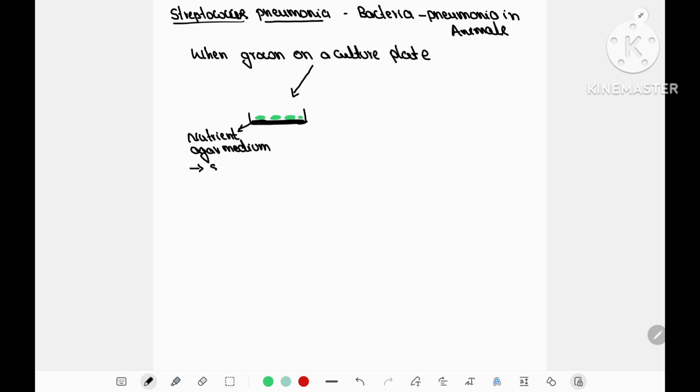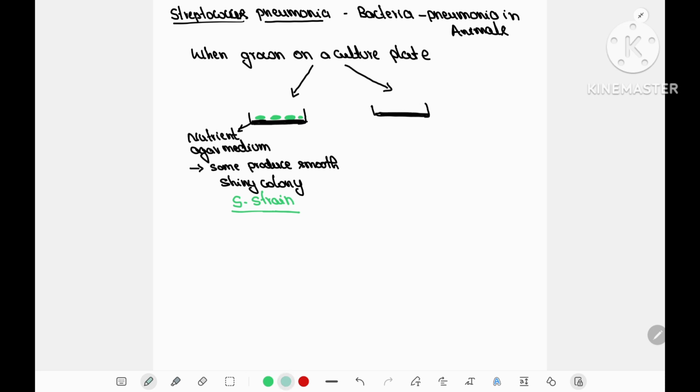These smooth and shiny colony producing Streptococcus pneumoniae are called the S strain. They may ask you to differentiate between the two types of Streptococcus pneumoniae. So remember, when grown on a nutrient agar medium, some strains produce smooth shiny colonies, called S strain.